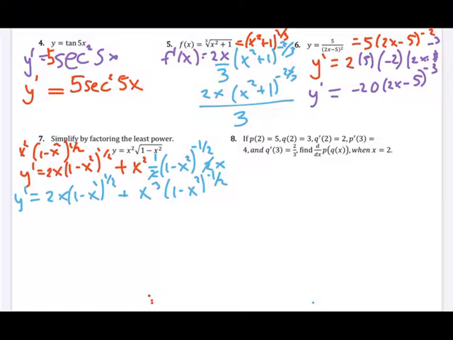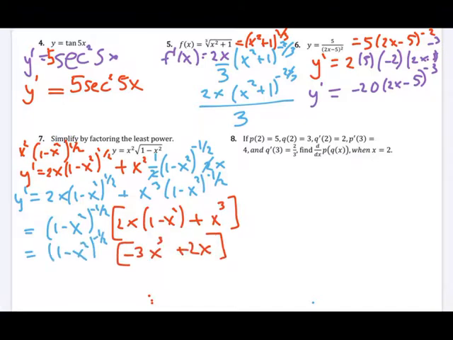In terms of derivatives now, we're done. However, the directions say simplify by factoring the least power. So I'm going to factor out 1 minus x squared to the negative 1/2 power. That's going to bring me here, and you can check if we distributed, we would get back to exactly where we were the step before. Now I'm going to simplify inside the red brackets. I'm going to distribute 2x, and then I'm going to combine like terms.